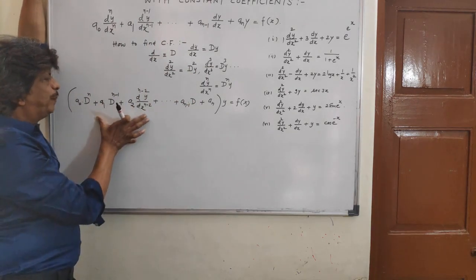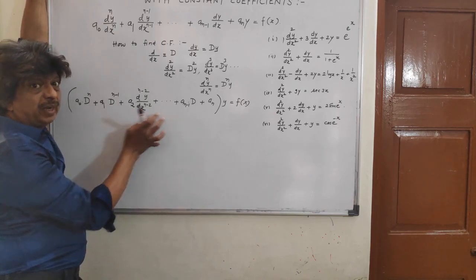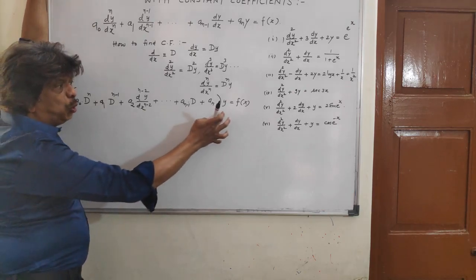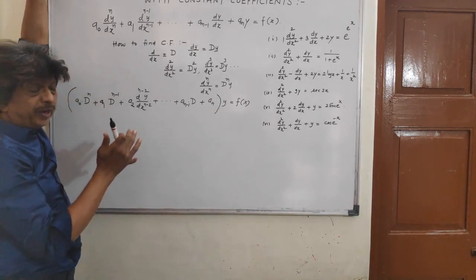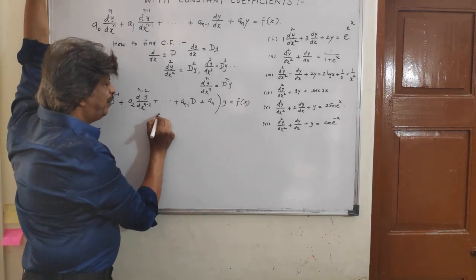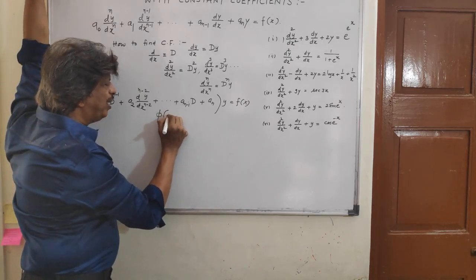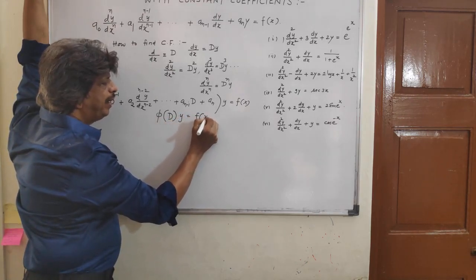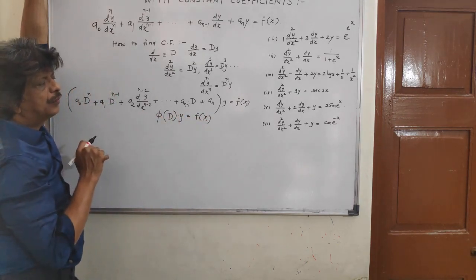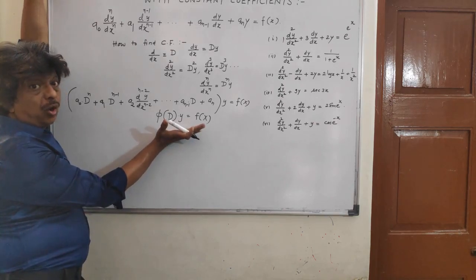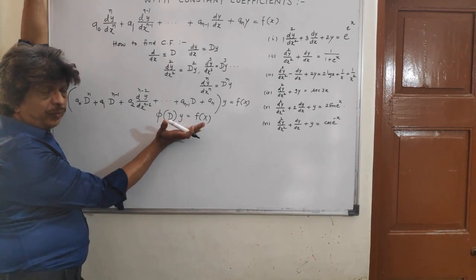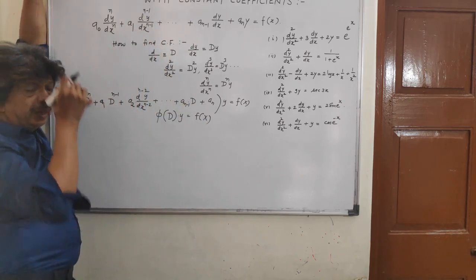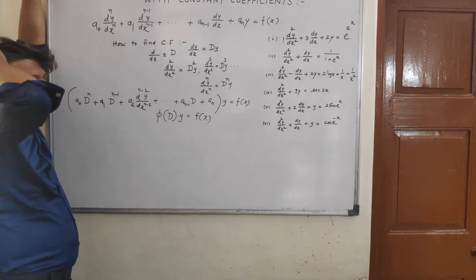This bracket is nothing but a function of capital D into y equal to f of x. In compact form it is written as phi of D into y equal to f of x. This is called the simplified form, operator form or short form of the given linear differential equation with constant coefficients.